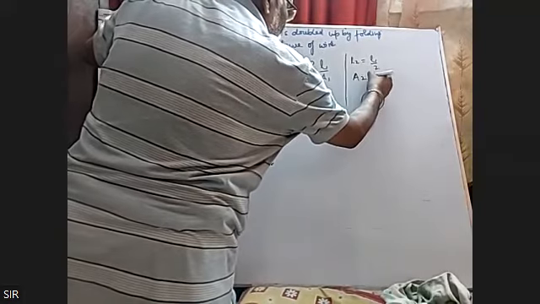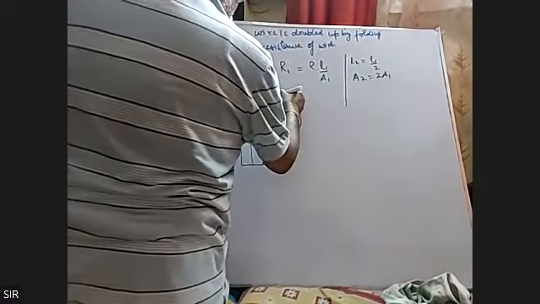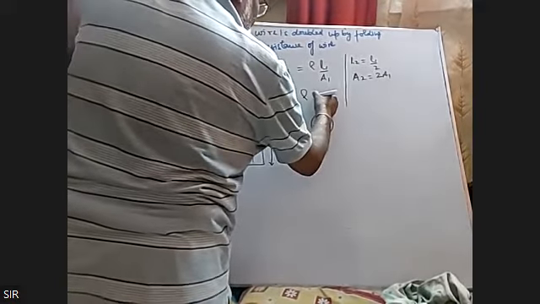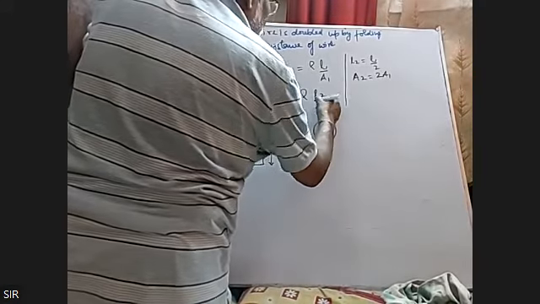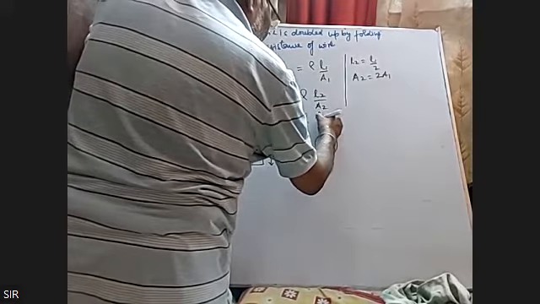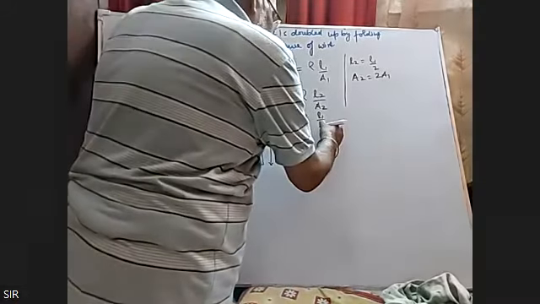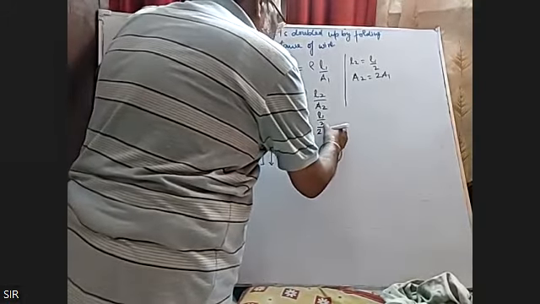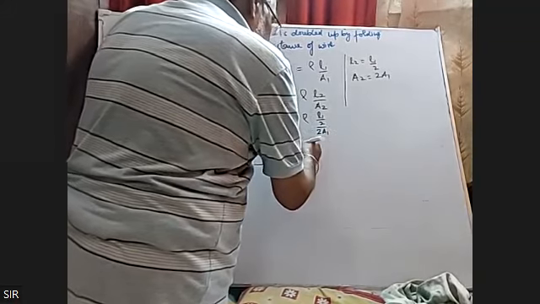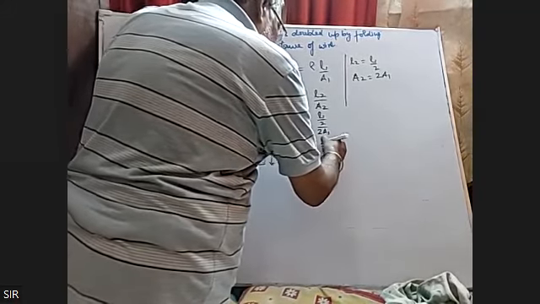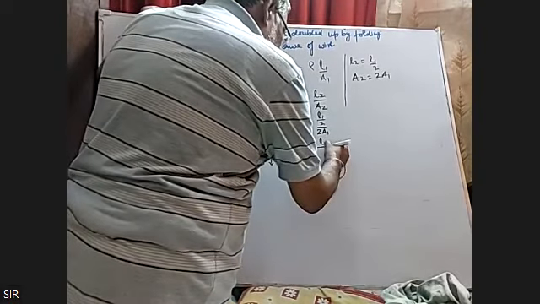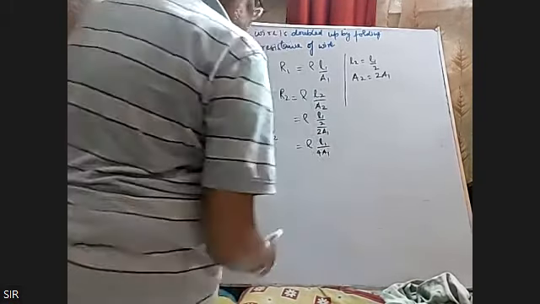And A2 will be twice of A1. So R2 is equal to rho L2 by A2, is equal to rho, L2 is L1 by 2 and this will be 2A1. So this will be rho L1 by 4A1.